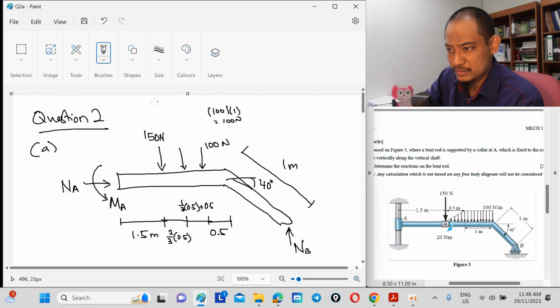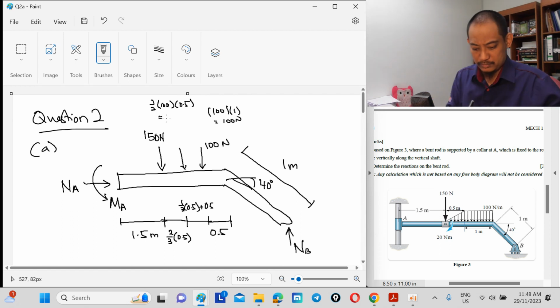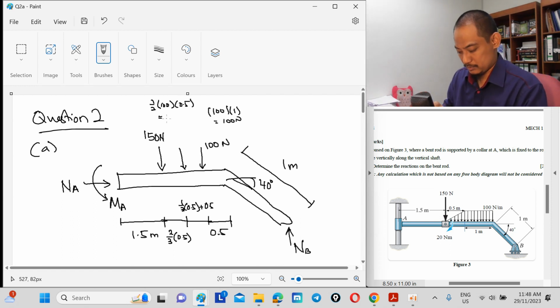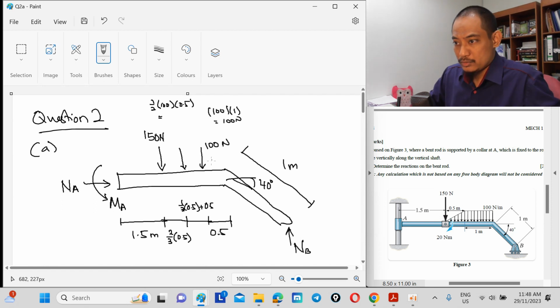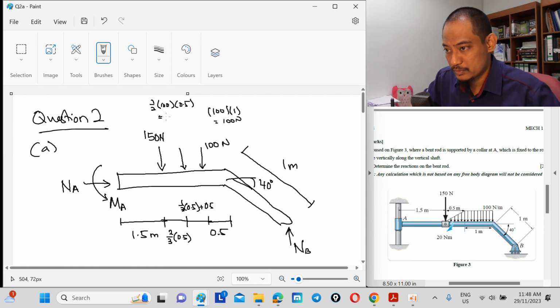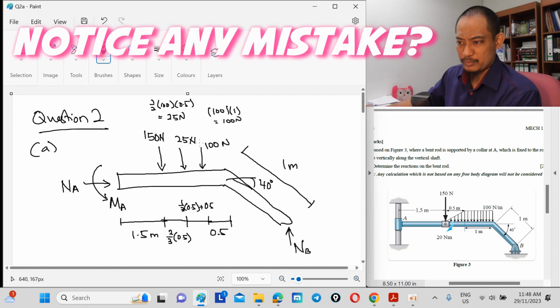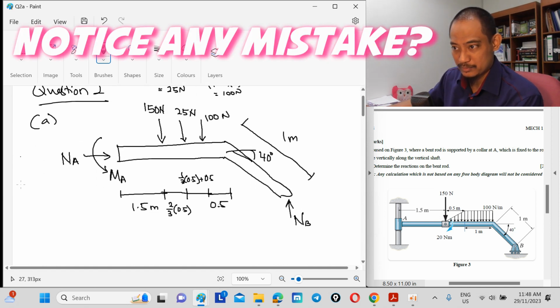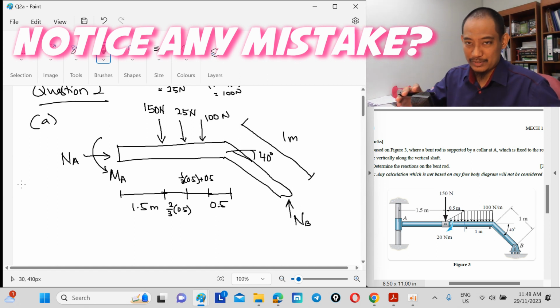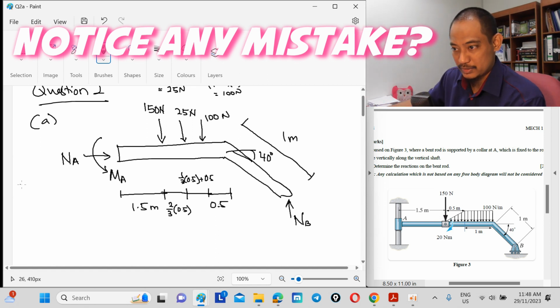While for the triangle it is half times 100 times 0.5, which means 25 Newton. Alright, so that's the free body diagram, a messy one, but hopefully you can draw better than this in the exam at least.